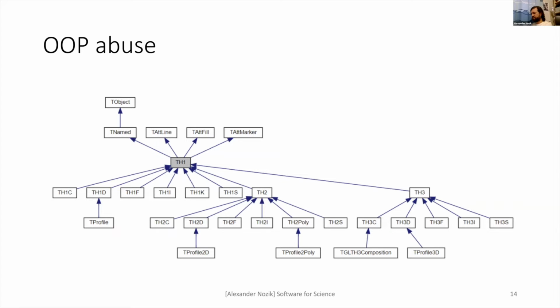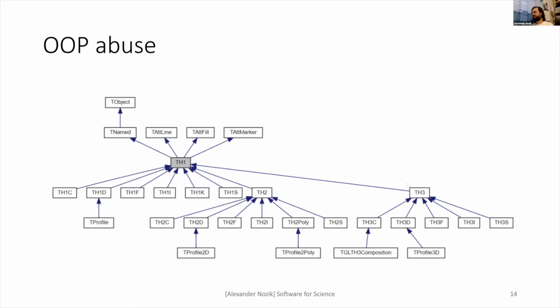And here we see the case of what I could call object-oriented abuse, because inheritance is not used properly here. You see, for example, that TH3, which is a three-dimensional histogram, inherits from the one-dimensional histogram, but they do not have things in common. They have different kinds of bins.